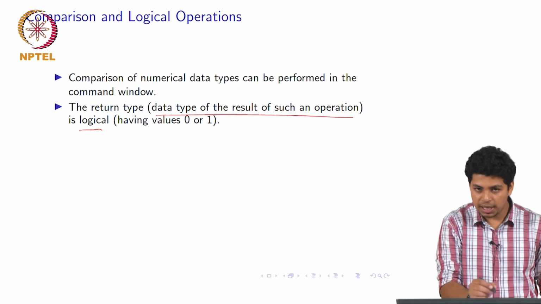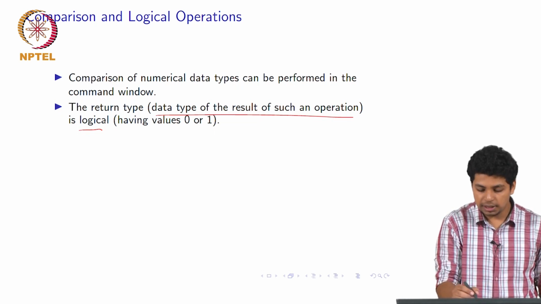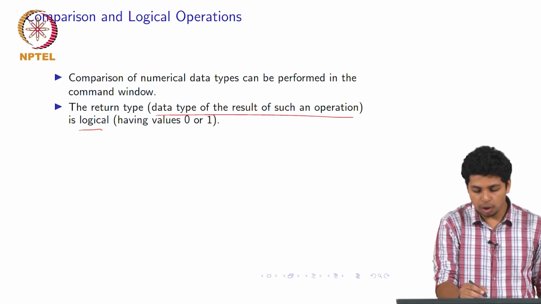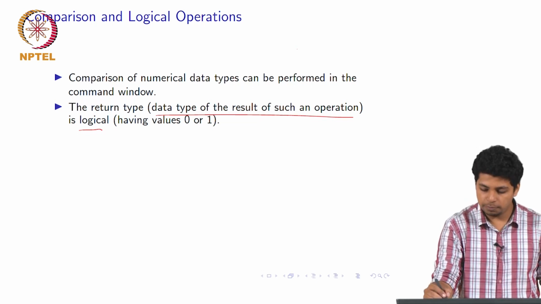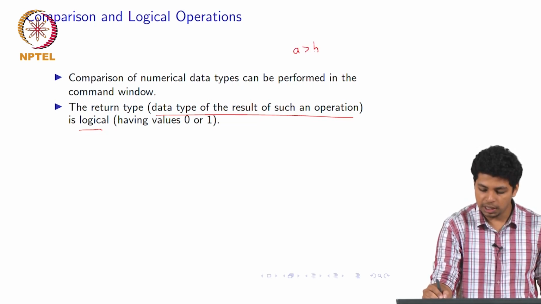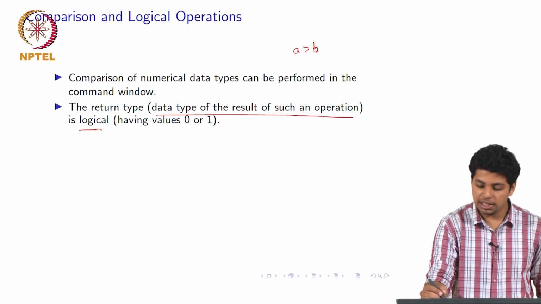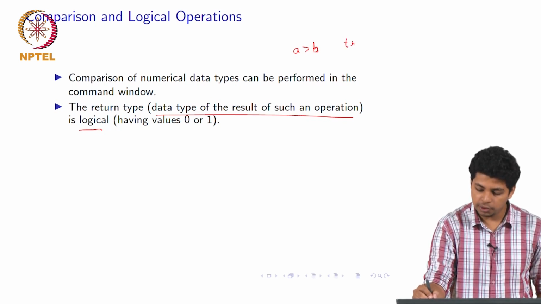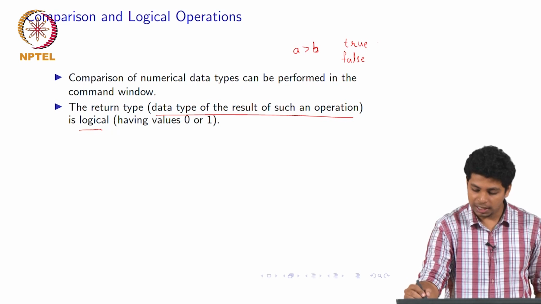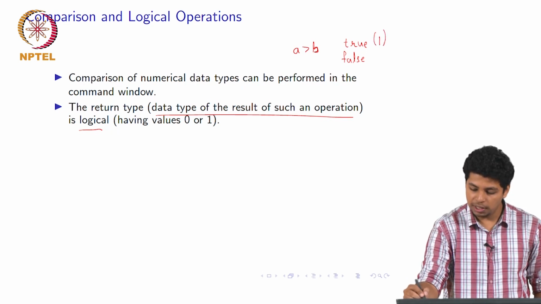So if you compare any two numbers, then the answer that you are supposed to get is true or false. So say you have performed an operation A greater than B. I mean, you are asking if the number is A greater than B, and if A is indeed greater than B, then you get the answer of true, and if it is not, you get false. So in MATLAB, true has the logical value 1 and false has the logical value of 0.